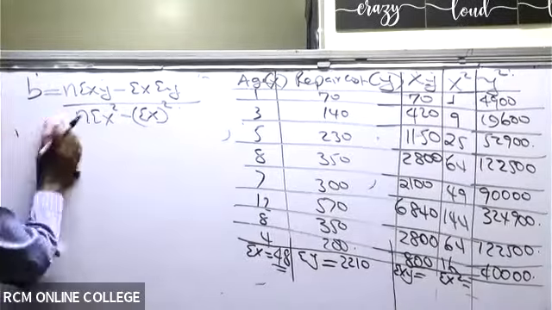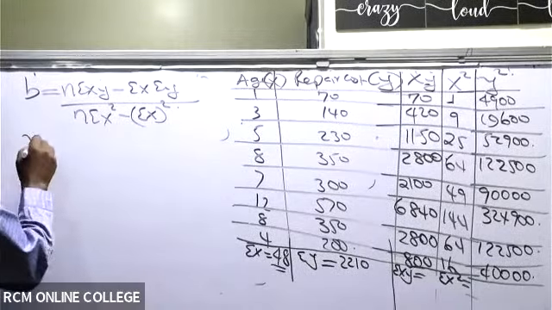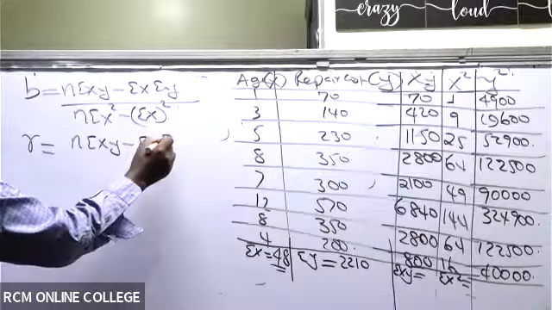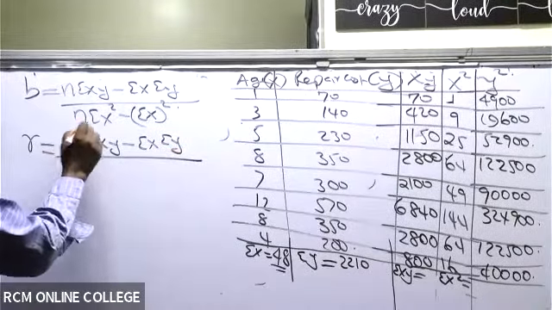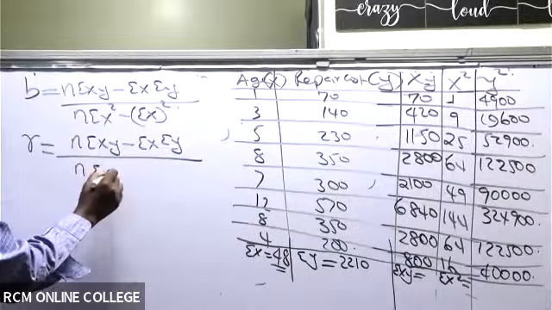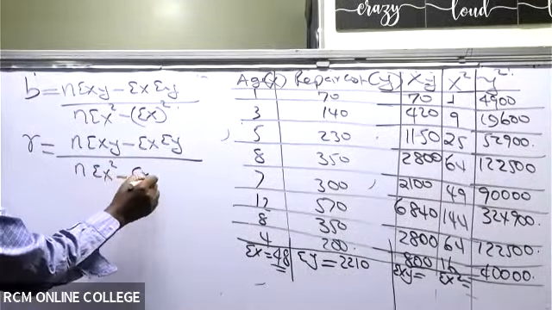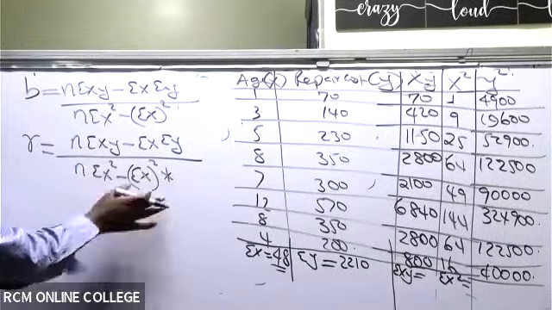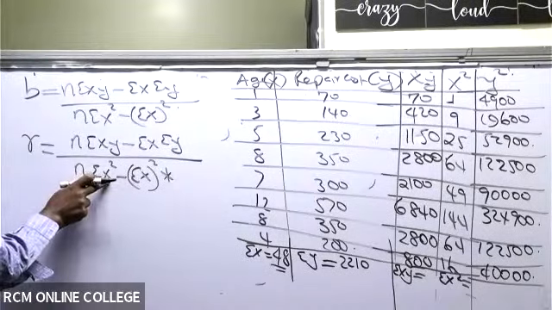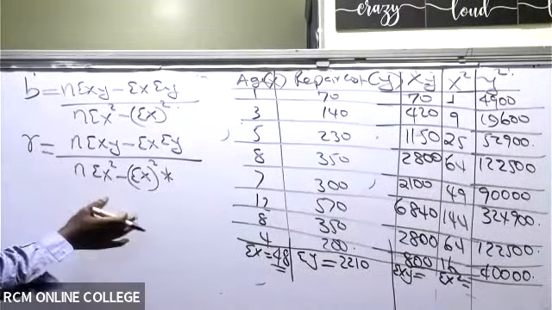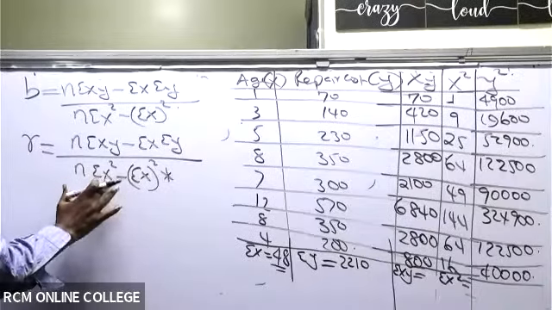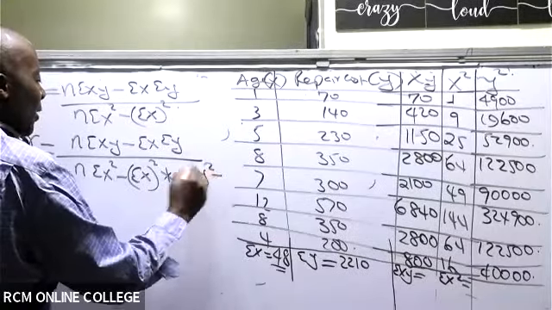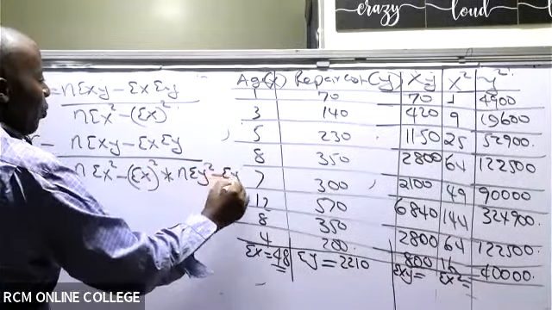To get our r, this is normally what we do. The numerators will be the same: n summations of xy minus summation of x, summation of y, all over this: n summations of x squared minus summation of x squared, times the same style, but now we replace with y, because you are correlating two. So it becomes n summations of y squared minus the sum of y, squared.